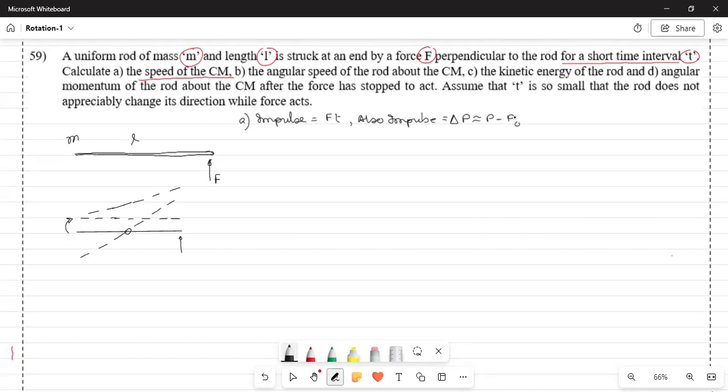Now here the pencil was at rest, so the momentum of the rod, by definition, is equal to impulse. Let me write everything so that you don't forget it. Momentum is equal to impulse is equal to Ft.